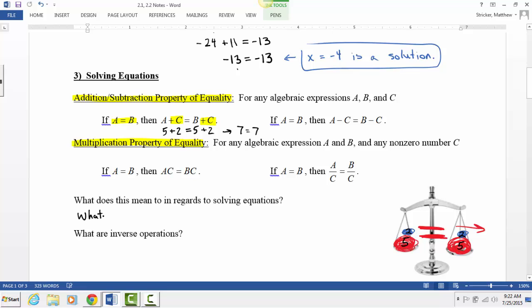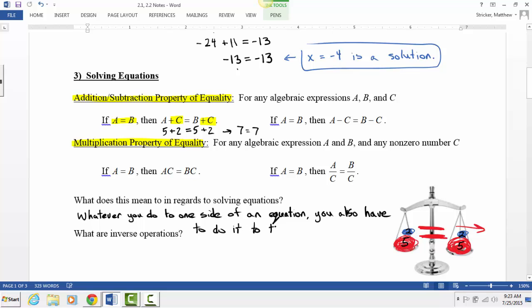Whatever you do to one side of an equation, you also have to do it to the other side, in order to keep the equation balanced.